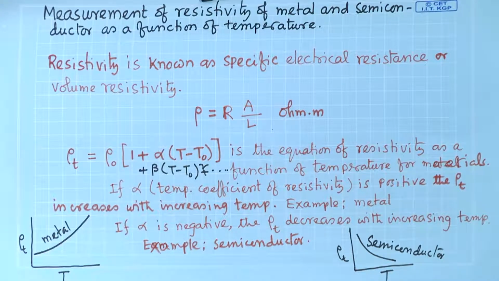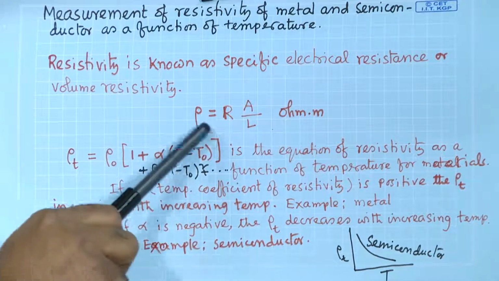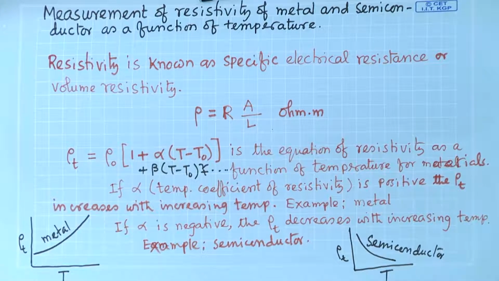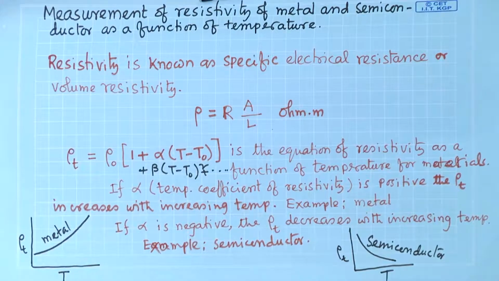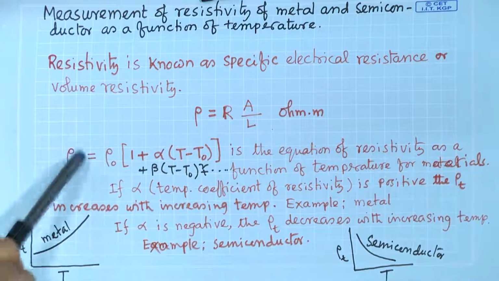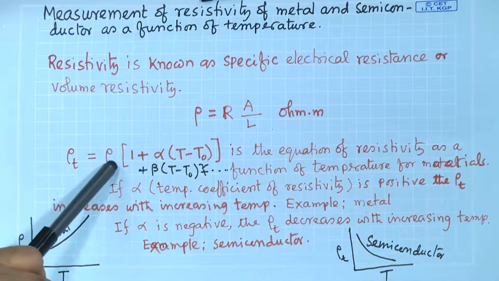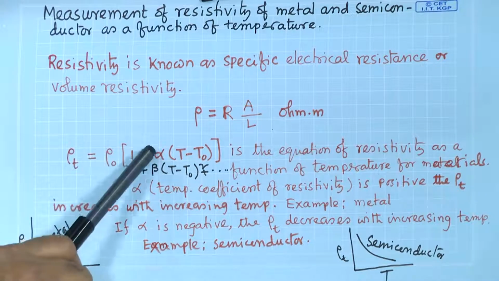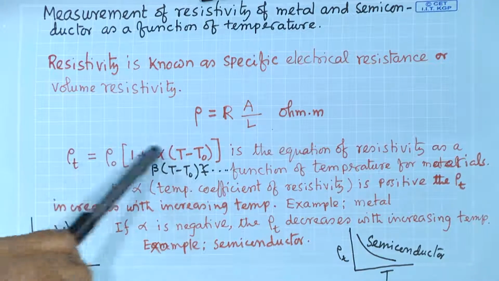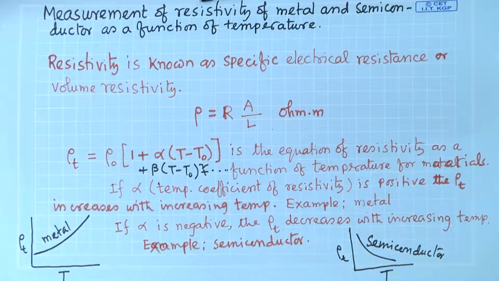T minus T 0 gives the change of temperature, delta T. So, for this change of temperature, what will be the resistivity? Rho 0, the initial resistivity, plus alpha rho 0 delta T. That part is basically the change of resistivity due to the change of temperature delta T.